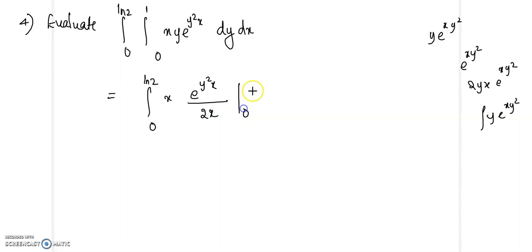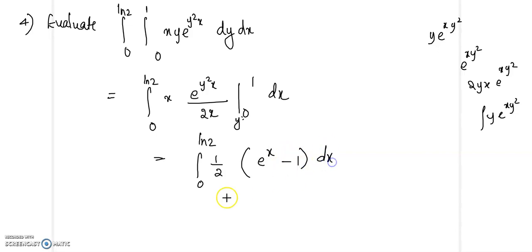So apply the limits from 0 to 1 on y. Here x will cancel off. So we will get the integral 0 to ln 2 of 1 by 2, applying the limits of y, e raised to x minus e raised to 0 is 1, dx.